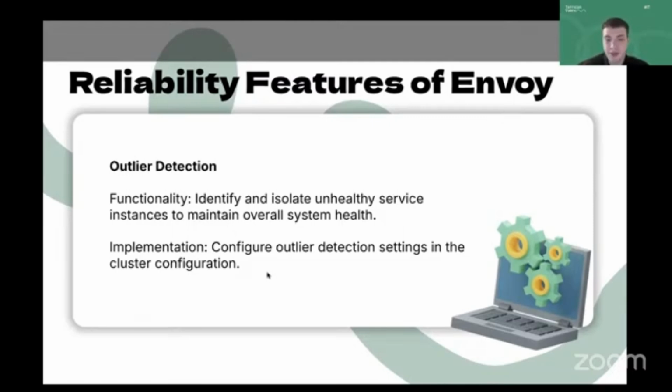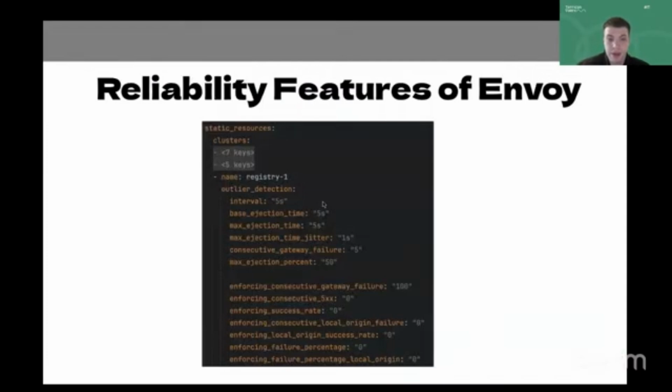To achieve that, you have to configure outlier detection in your cluster configuration. As you can see on the next slide, this is the envoy.yaml file static resources section. We previously had our cluster for registry 1, and we just add a section called outlier detection.